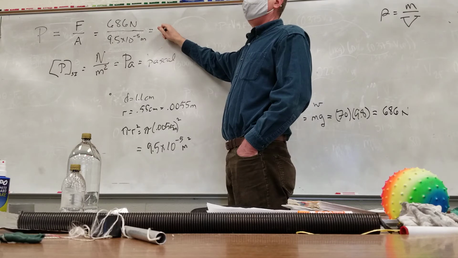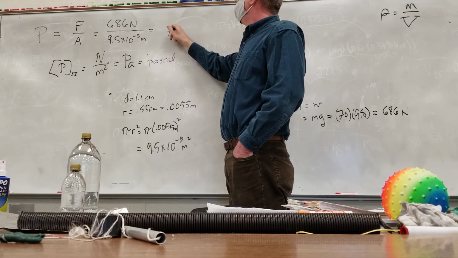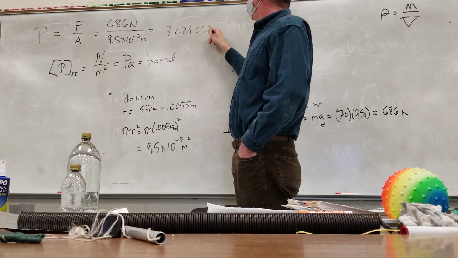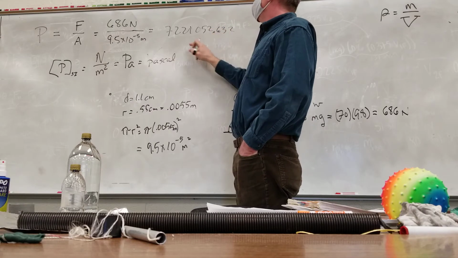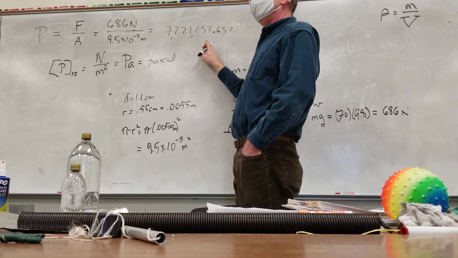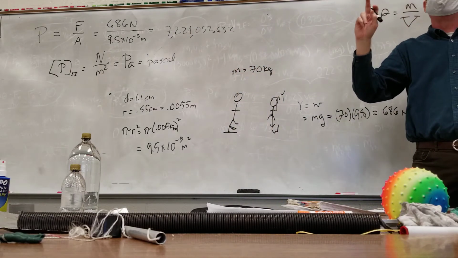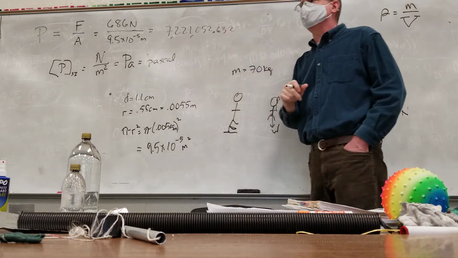I'm getting 7 million. 7,221,052.632. Did I get all the, that's a 2 there. Is that what you said? Yes. Okay. Anyone else get the same thing? Okay.